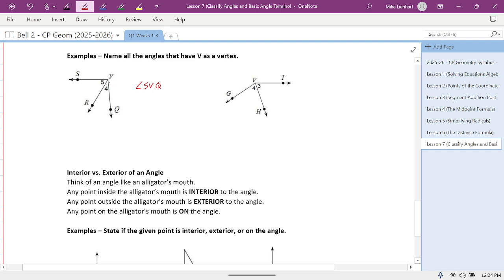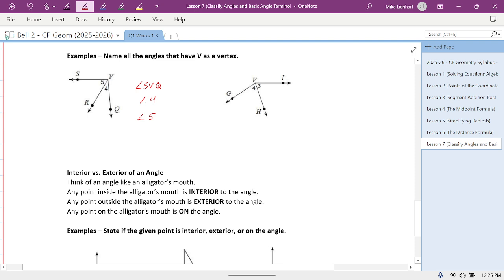I'm tracing with my cursor. Okay? I also know that there are two smaller angles inside of angle SVQ. So I can say another angle that has vertex V would be angle 4, and another one would be angle 5. All three of these angles have V as a vertex.